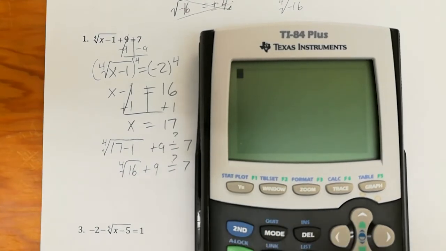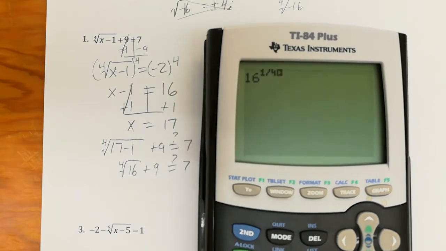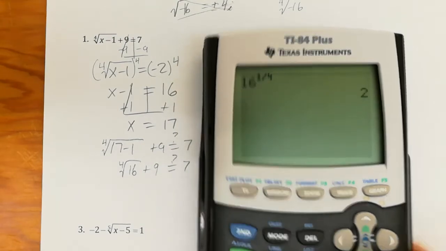On a calculator, to get a fourth root, probably the easiest way I like to do it is just use an exponent of, if you have a fourth root, 1/4. If you had a seventh root, you'd do 1/7. So I'm going to go to the 1/4 power like that. And let's see what we get. We get 2, all right?